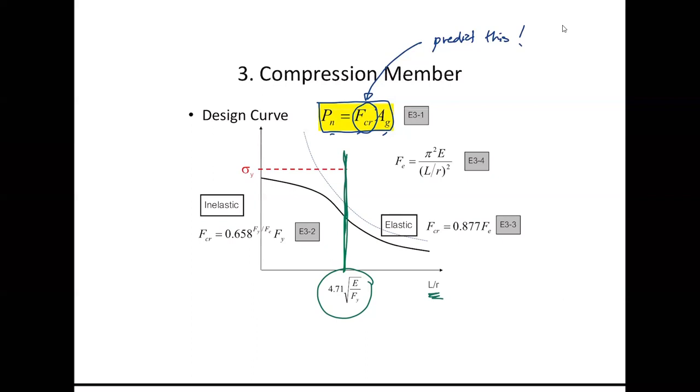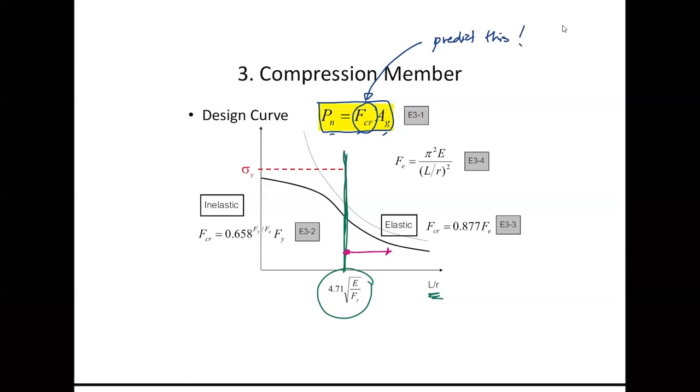If the slenderness ratio is larger than this limit, you are going to have the elastic behavior. Remember, the elastic is good in one thing, because once you unload your structure, everything goes back to normal. But that means the load is small, and you don't want to have the small load carrying capacity, right?